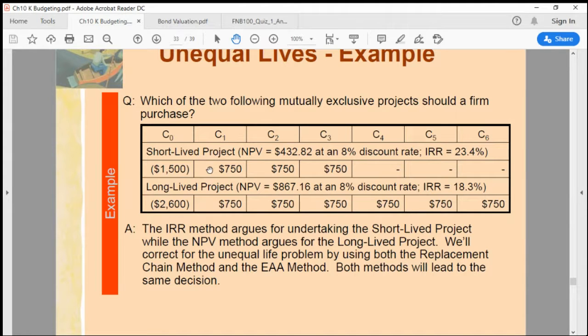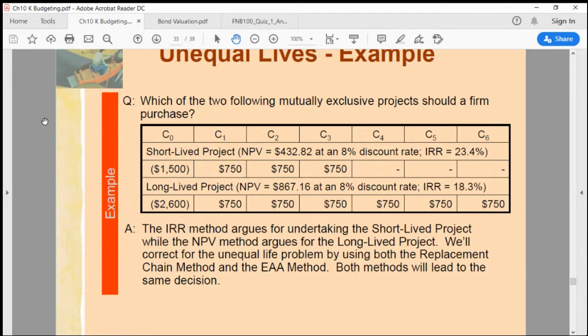And the short-lived project has this cash flow at time zero, initial investment of 1.5 million. Everything is in thousand, right? Remember, we can just consider that $1,500, but that's just very pedantic, right?